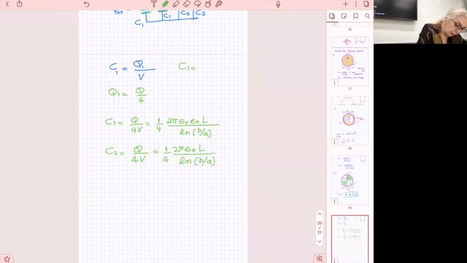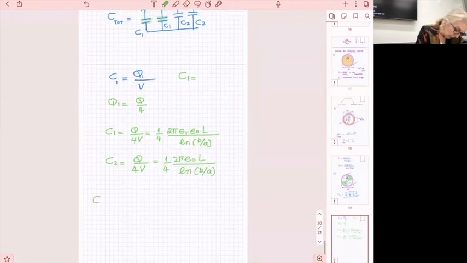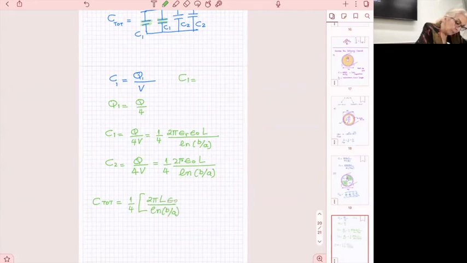So this is going to be then C1 and C2, and then the total sum, the C total, will have to be 1 over 4, the sum of the, and then it's going to be 2 pi L, this is common, B over A, and then epsilon naught.